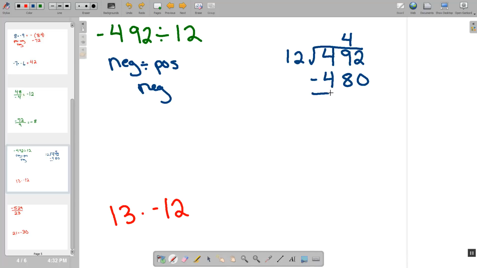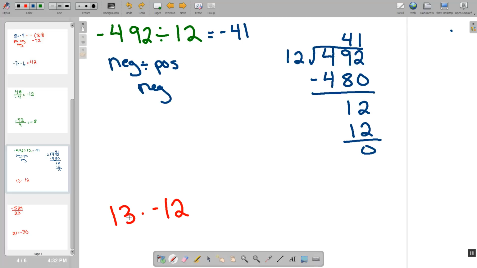So if we have 492 minus 480, that means we are going to have 12 left over for the ones place. Well, 12 times 1 is equal to 12, and that gives us a remainder of 0. Therefore, 492 divided by 12 is equal to 41. But we decided this is going to be a negative answer, so we will get negative 41 as the answer.